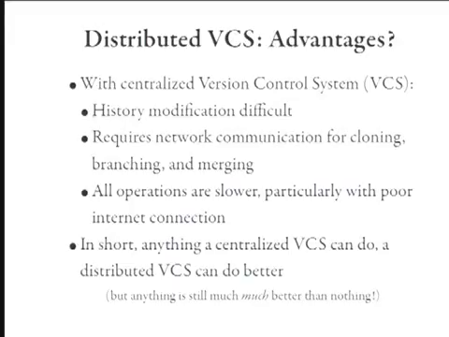It's hard to go back and change history should you want to. As I said before, you require network communication at all times if you want to do any actions. And because of this network communication, everything's a lot slower. But with a distributed version control system like Git, everything can be local and everything is a lot faster because of it.